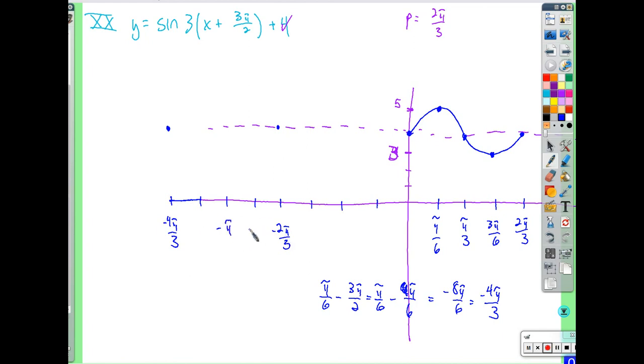This would be negative 5 pi over 6, and negative 7 pi over 6. And then we can just go through the full period just like it would look.